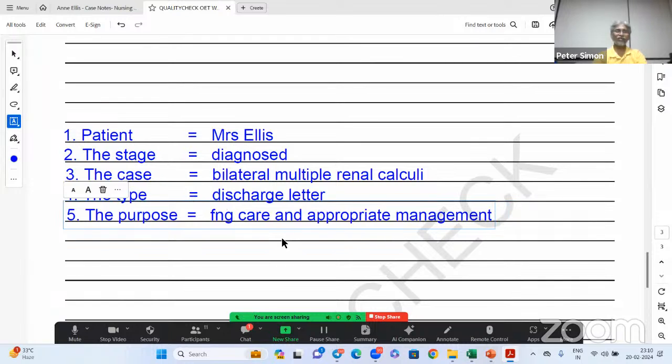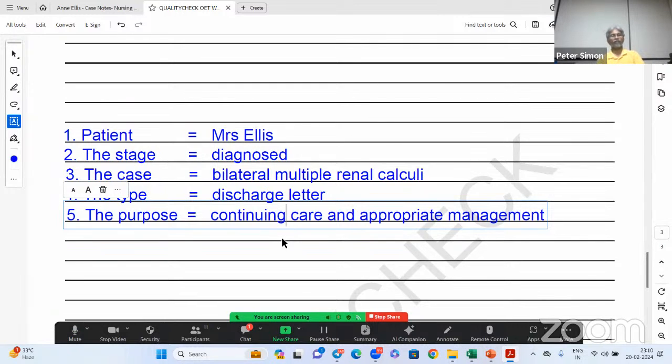Let us take like that only. Continuing care and appropriate management. Management, how? Monitoring, checking, guiding, providing education, telling everything, taking care, dressing changes, all these are management. Continuing care, caring for him.